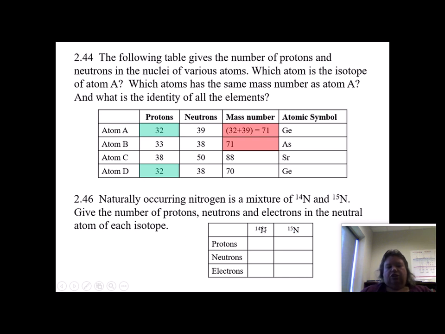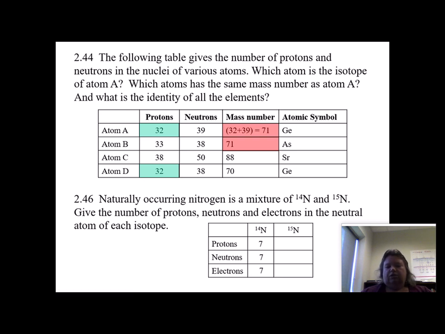Because this is nitrogen, I should be able to look at the periodic table and tell what the number of protons is. The atomic number is 7. The neutrons are simply 14 minus 7, which gives me 7. And it says here that it's a neutral atom, and so therefore the number of protons has to equal the number of electrons at 7.